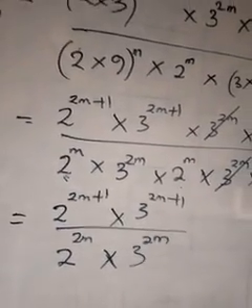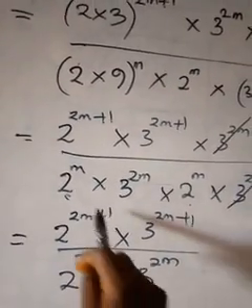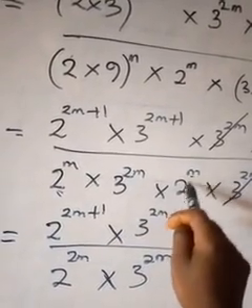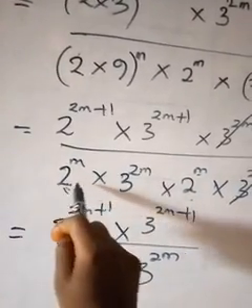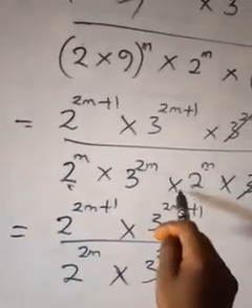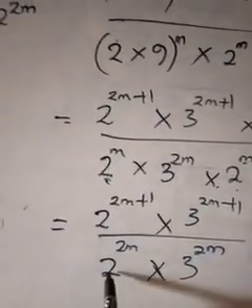If you look at it very well, this is the same base. We can sum up the exponent. By the time we bring it together, 2 times 2 raised to power m is going to give us this.